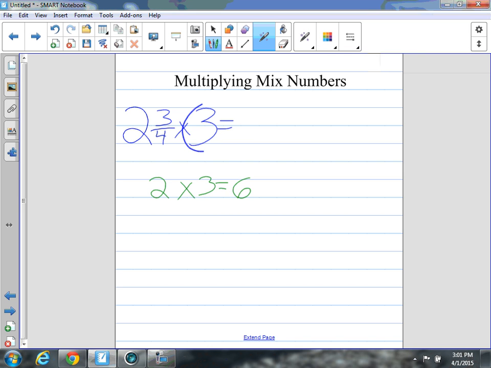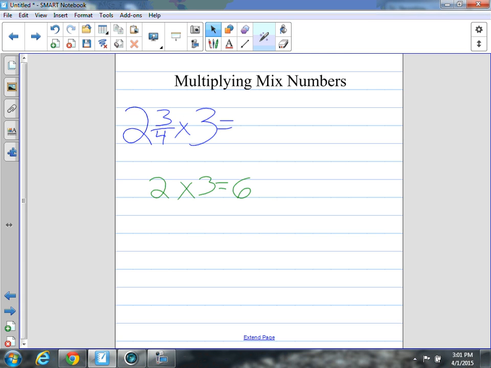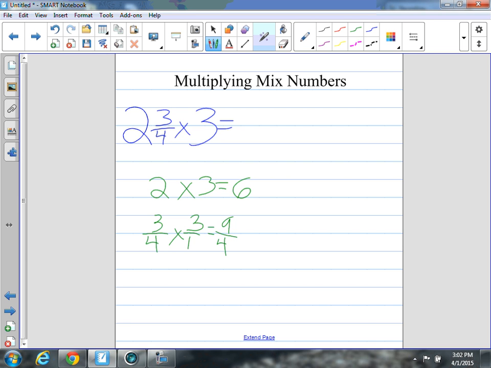I am then going to multiply 3 times my fraction, which was 3/4. Remember I'm going to do the same thing. Instead of 3, it's going to be 3/1. And that gives me 9/4.